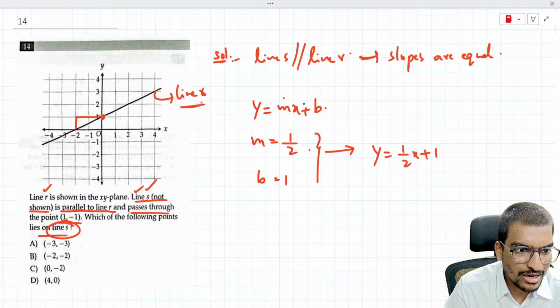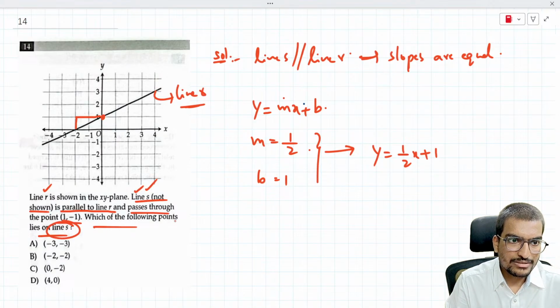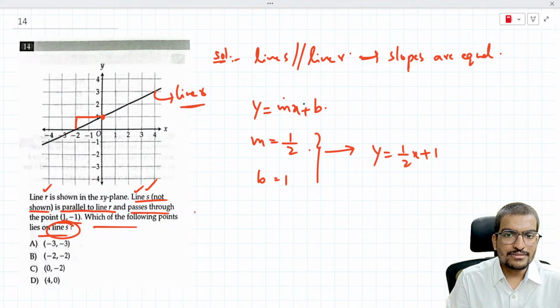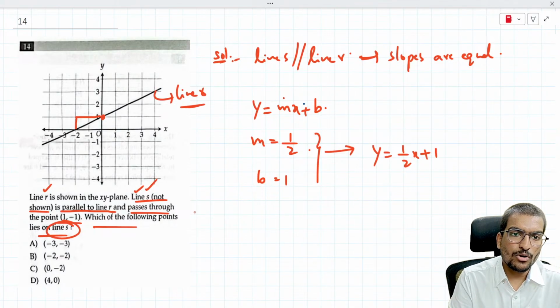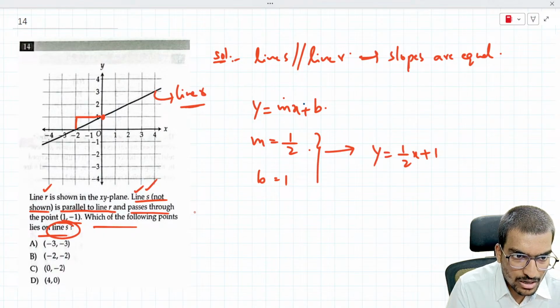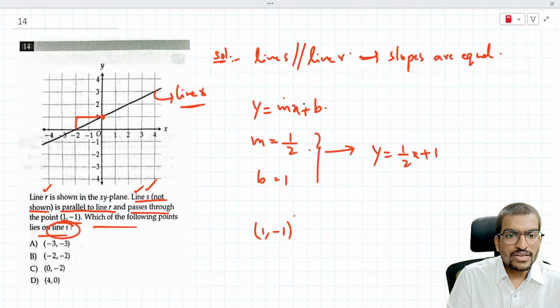This is line R, but we need line S. The equation we formed is for line R. Slopes are equal, and line S is parallel to R and passes through 1 comma negative 1. We have a point and we have a slope of 1 by 2.